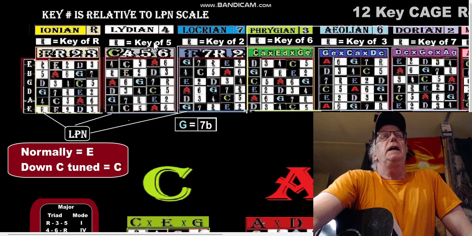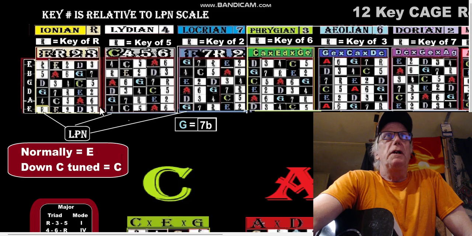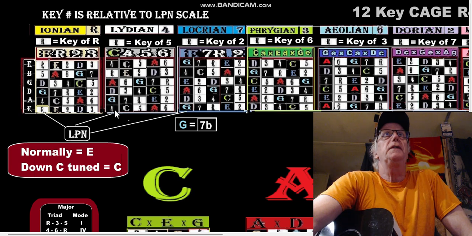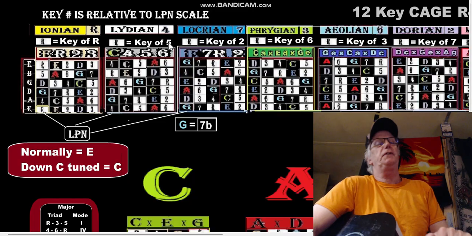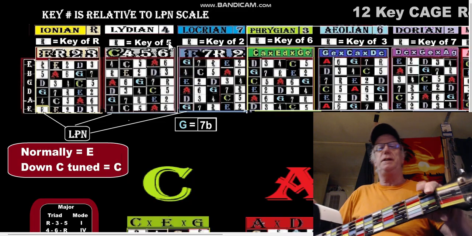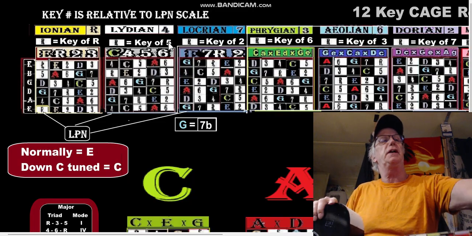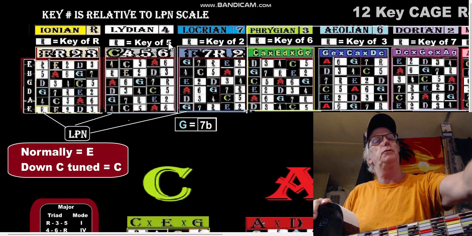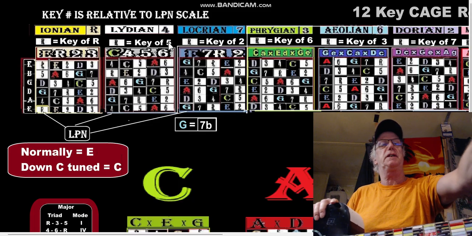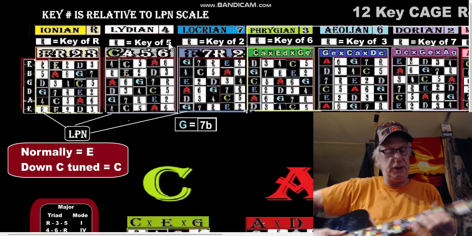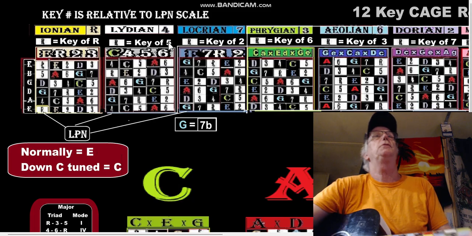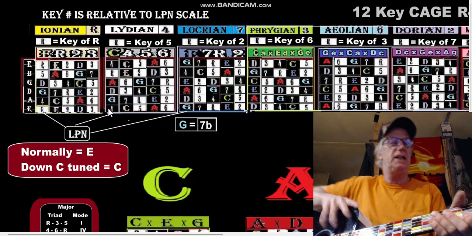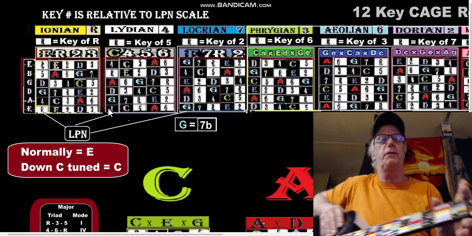If we want to keep the lowest playable note the same here and play in the key of 5, okay, if our lowest playable note is C, then we're in the C scale. Root, 2, 3, 4, 5, 6, 7, root, 7, 6, 5. The key of 5 would be G. So we'd be in the key of G there, where C now, the LPN becomes the 4th.